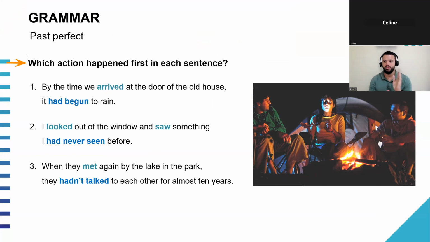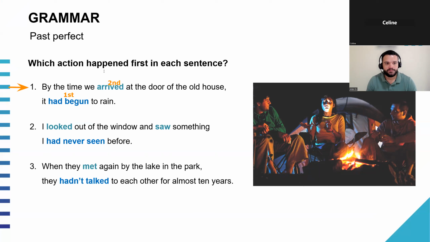We have to see which one happened first. So I will help you with the first one. It says, by the time we arrived at the door of the old house, it had begun to rain. So here is what I'm going to do. I'm going to put number 1. This was first. This was second.